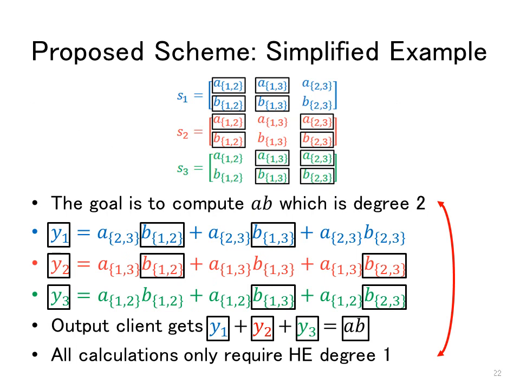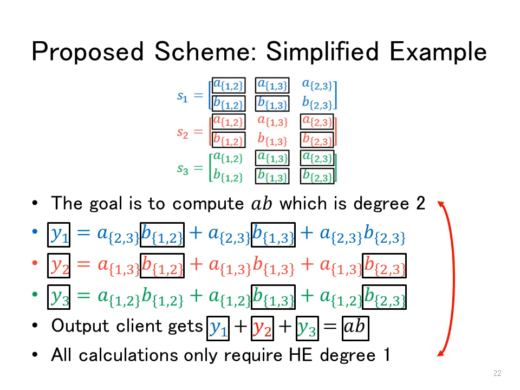It's time for each server to perform local computation on the shares. The goal is to compute A times B, which is a polynomial of degree 2 of the inputs. The function A times B is divided into 3 parts, one for each server. Server 1 will locally compute y1 as follows.